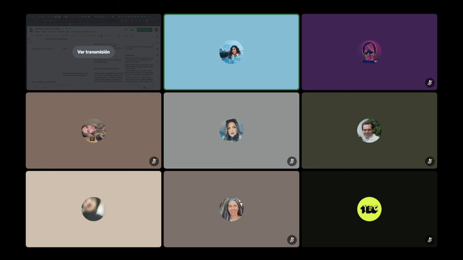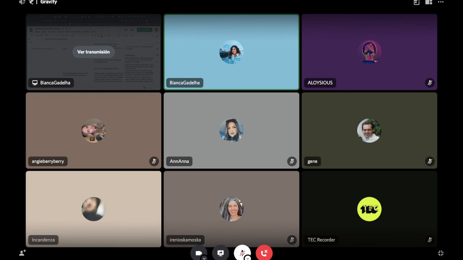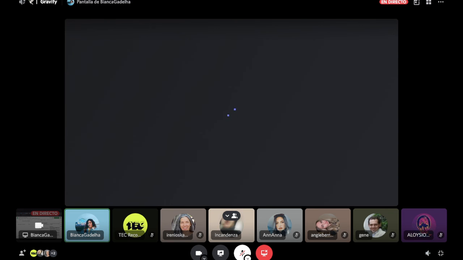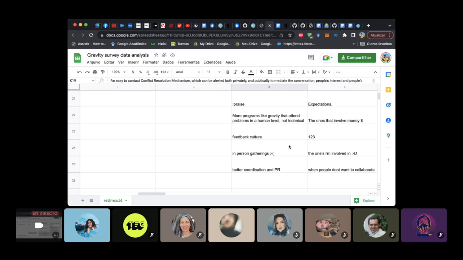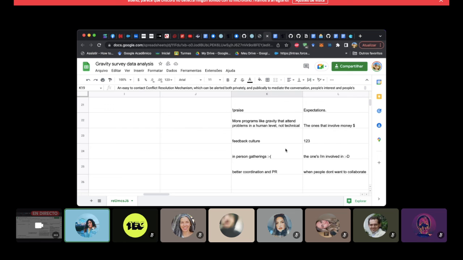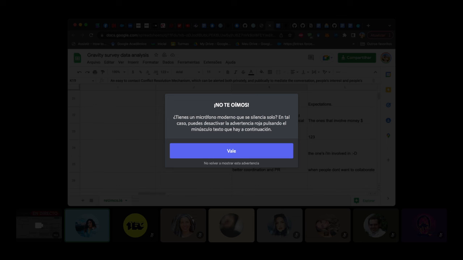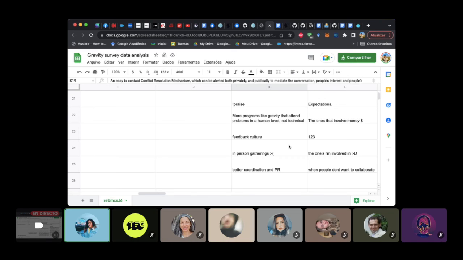We can see that we don't talk about it openly, but between the lines, we can see that we need help and we need to be heard about our feelings. Yeah, more programs like Gravity that attend to problems on a human level and not a technical one.